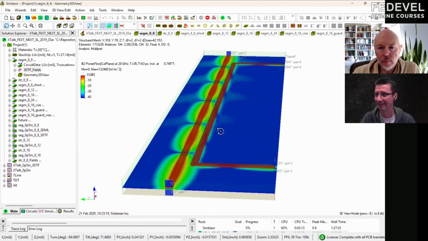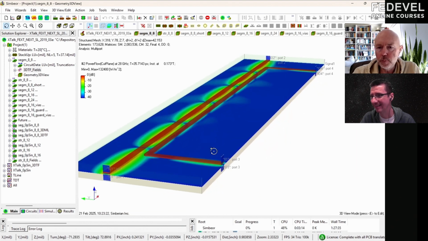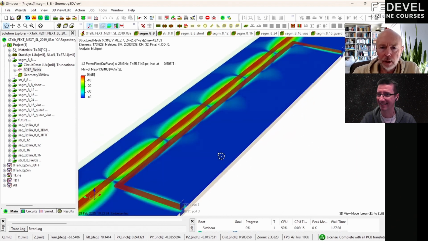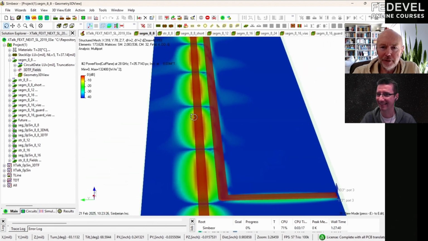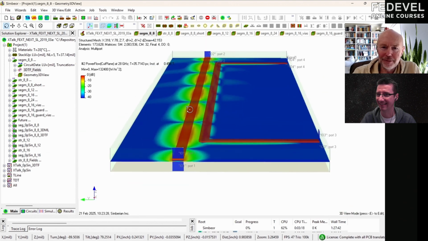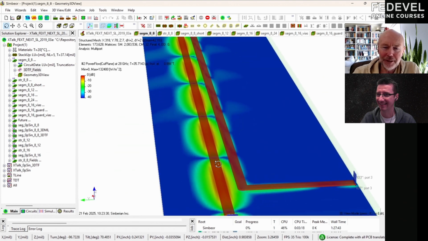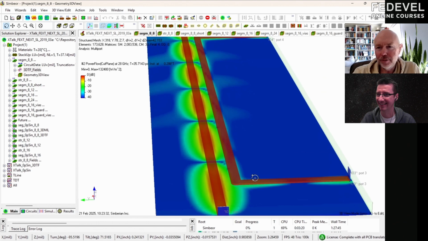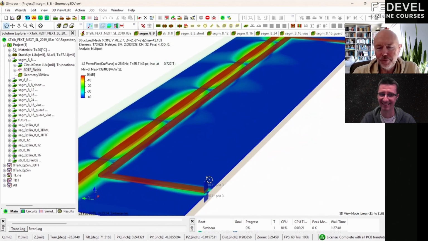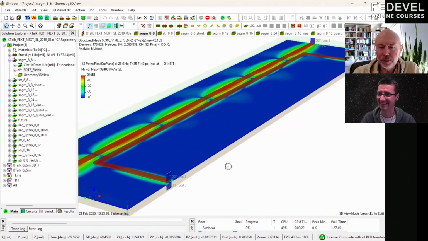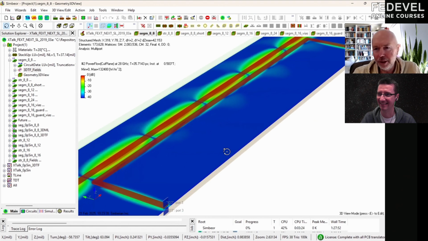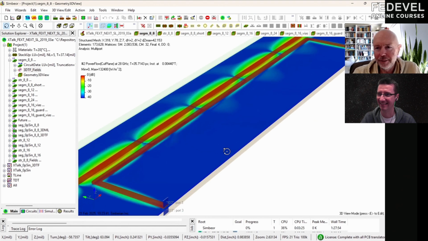And then we see more fields, and this is power flow density in dB, kind of getting somewhere right here. And those are leaky waves, actually. Those waves that create crosstalk even at relatively far distances.